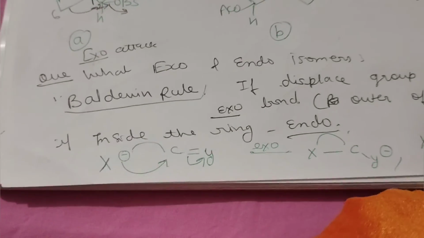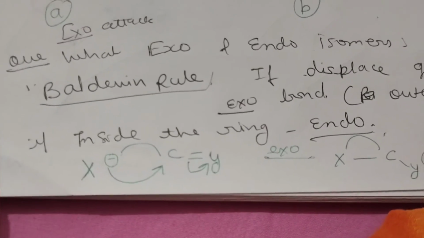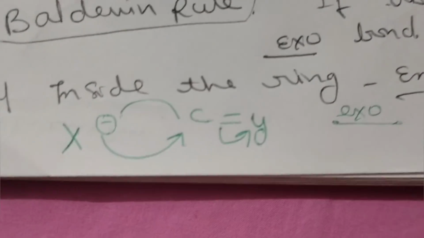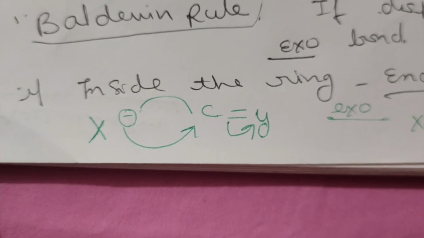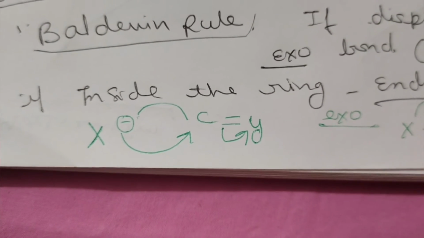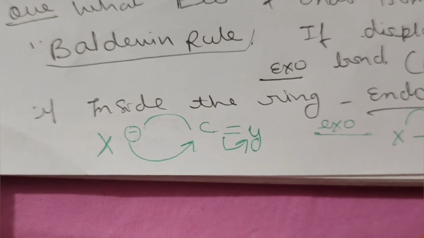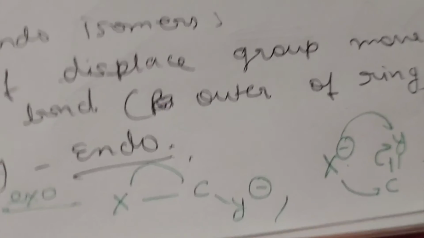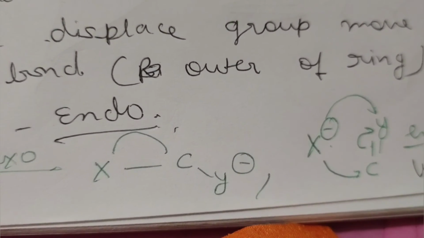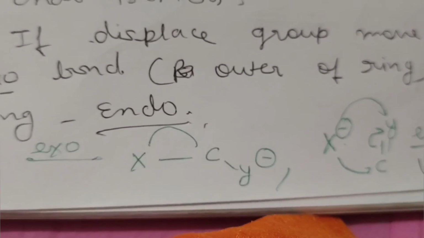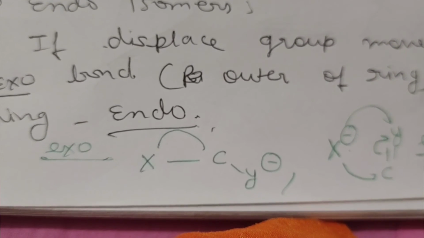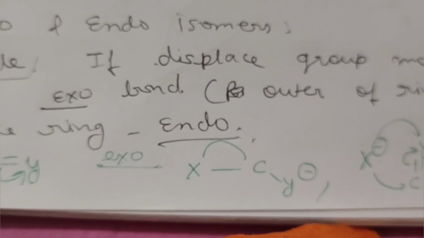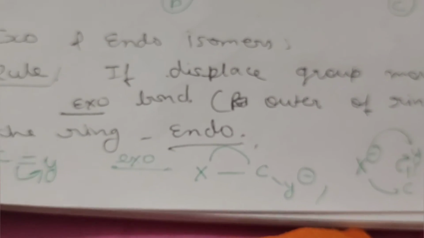I am giving you an example of how exo and endo are formed. I am just taking one simple compound. It has a double bond. You just look here. X has a negative charge and the double bond will be shifted outside the ring towards Y. So Y will carry the negative charge and the bond will be shifted over here. A ring will be formed, but the displaced bond will be outside the ring. So this kind of bond is known as exo.